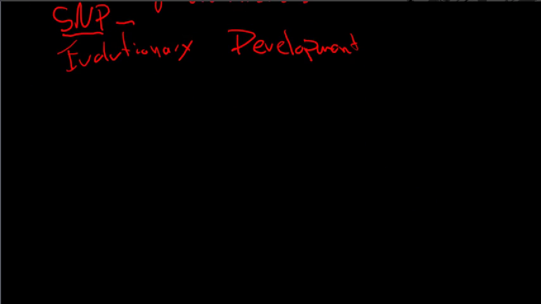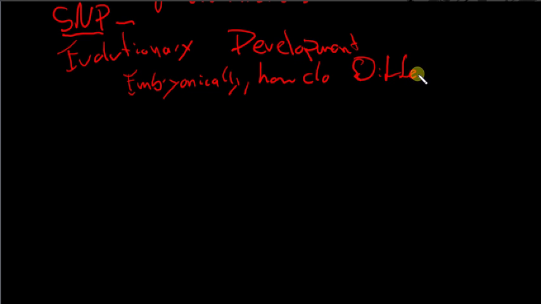So embryonically, how do different species develop? Similarities in embryonic development require similarities in genes at the most basic level.